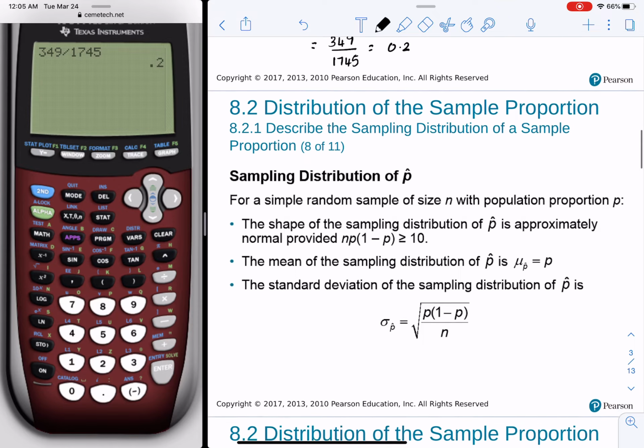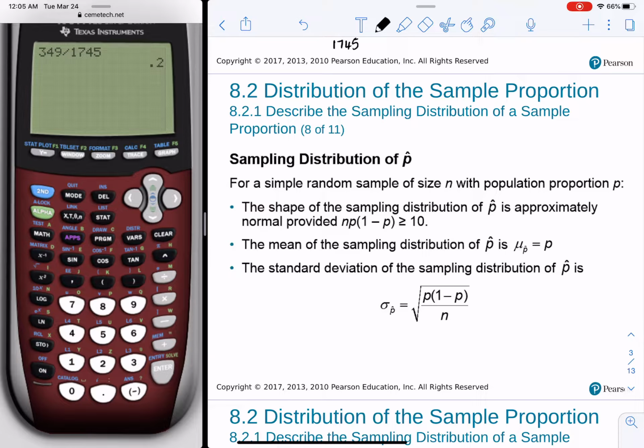So just like the sampling distribution of the mean, p hat is a statistic. p hat is the sample proportion, and the distribution of a statistic is called a sampling distribution, so we call it here the sampling distribution of p hat.